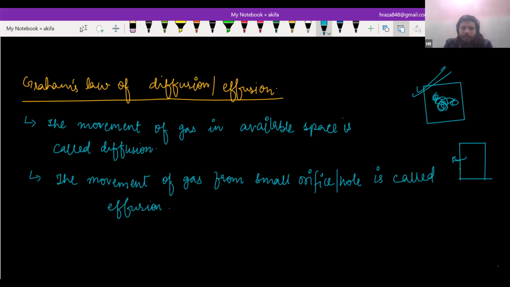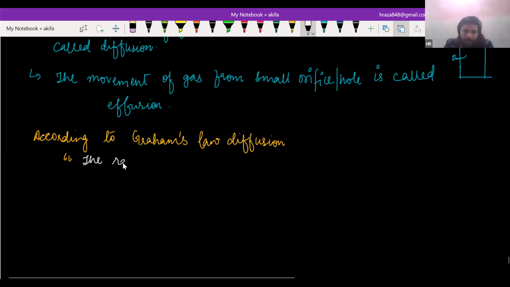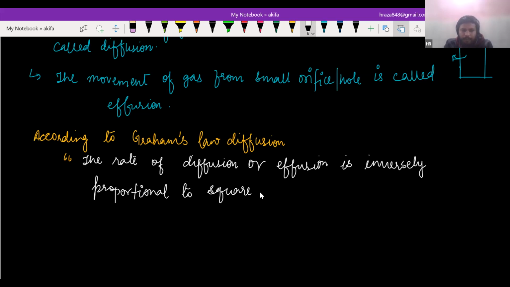So what is basically Graham's law of diffusion? Just write, according to Graham's law of diffusion, the rate of diffusion or effusion is inversely proportional to the square root of their molar mass.